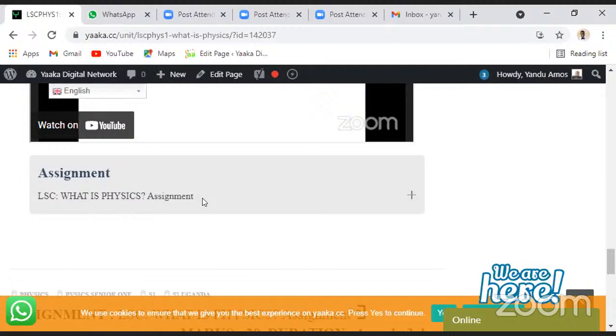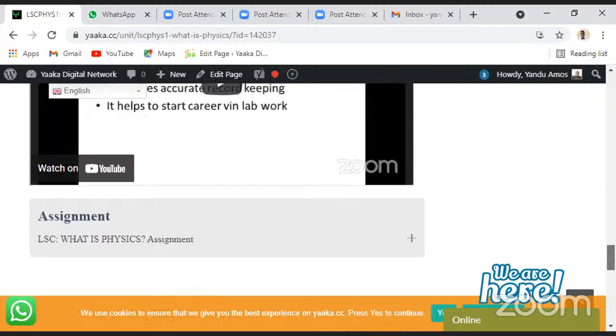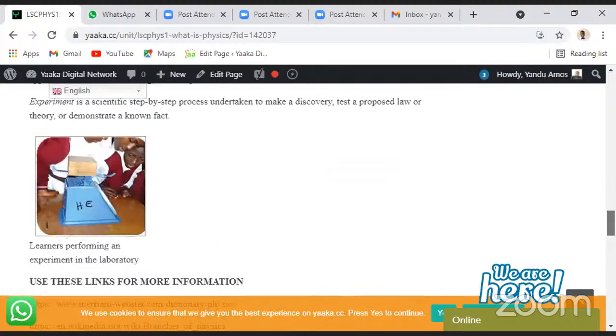We shall do that individually. You log in and do it at your pace. Remember, this is also given some time. So when you have started answering the assignment, you need to finish and submit it. I think that is where we shall stop, unless otherwise.